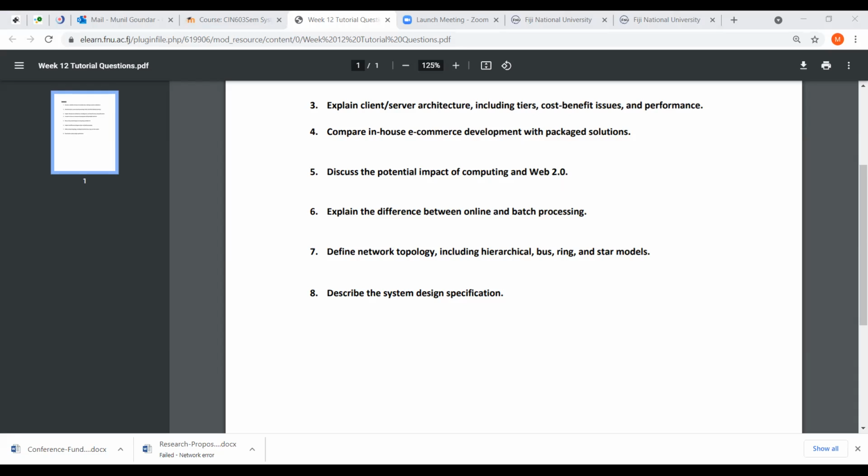In contrast to the centralized system, a client-server design separates application and data.